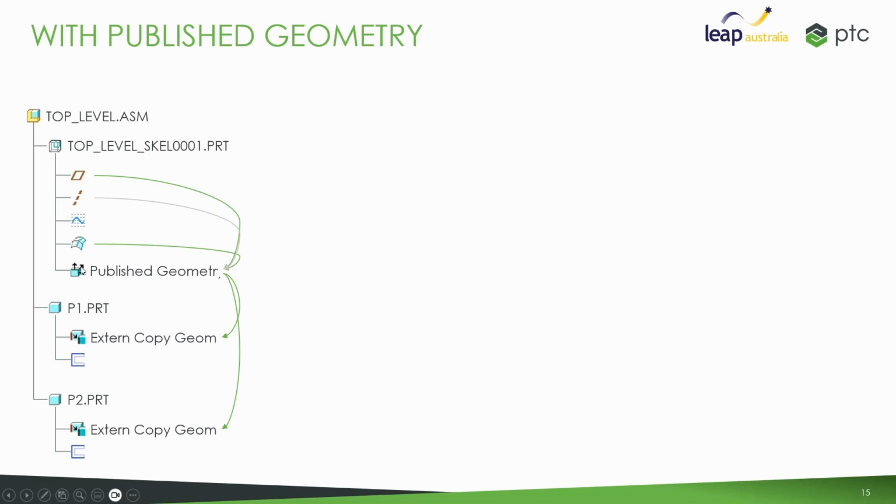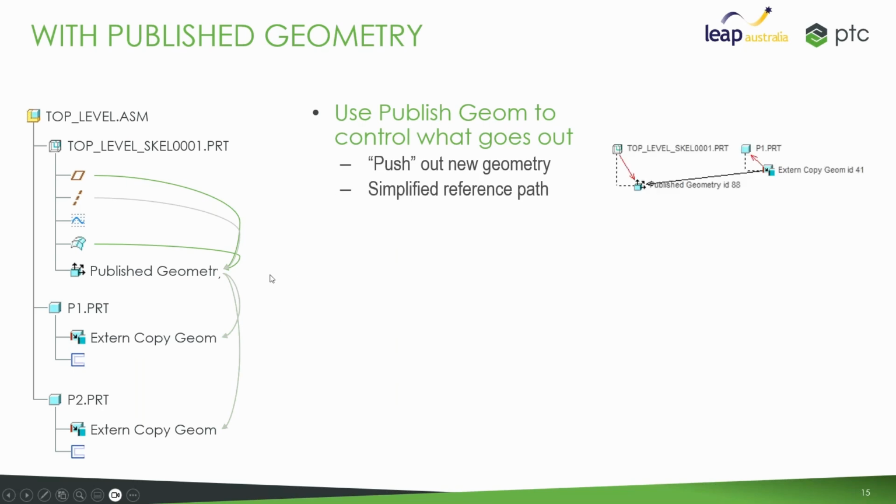And we can also have multiple published geometries. So that would handle situations where certain information needs to go to part A, and then another lot of information needs to go to part C and part B. But then it gives us the opportunity to update that and push it down in a sort of a single operation. Okay, so yes, we're using published geometry to push out new information.